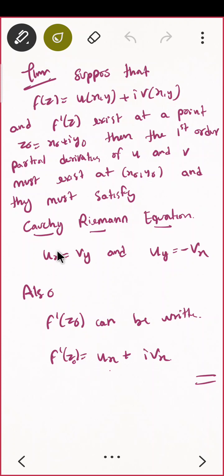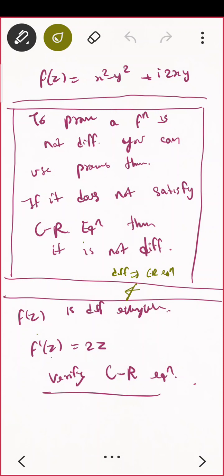Correct? Now my question was, what is the converse of this? Can I go back? That means if my function is satisfying the CR equation, can I say the function is differentiable? Correct? And the answer was no. We'll give a counterexample where the function is satisfying the CR equation, but it is still not differentiable.